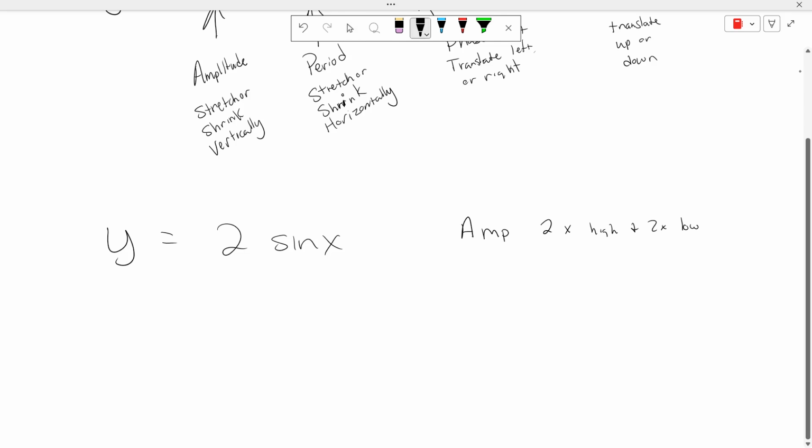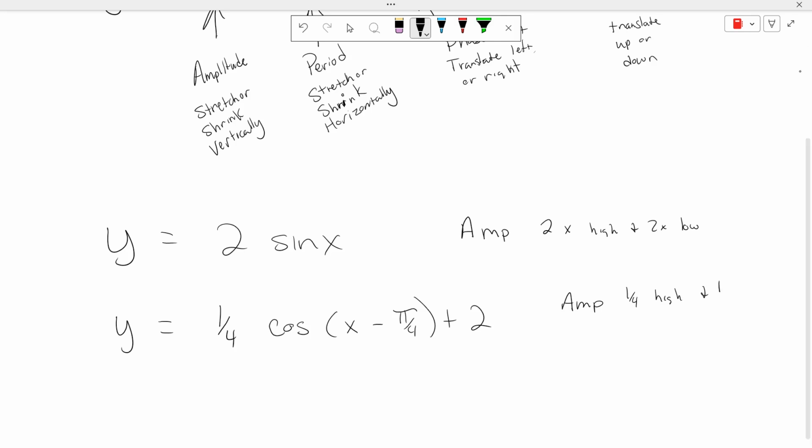Okay. If I had y equals 1/4 cosine of (x minus pi over 4) plus 2. Does it affect the amplitude? Yes. The amplitude is 1/4 as high and 1/4 as low. Okay.